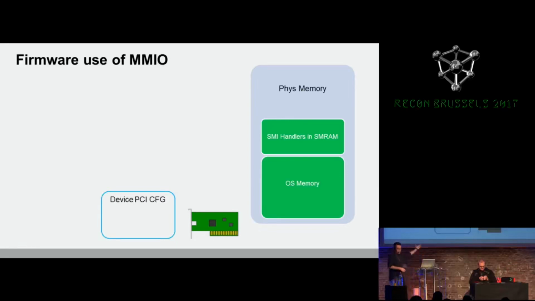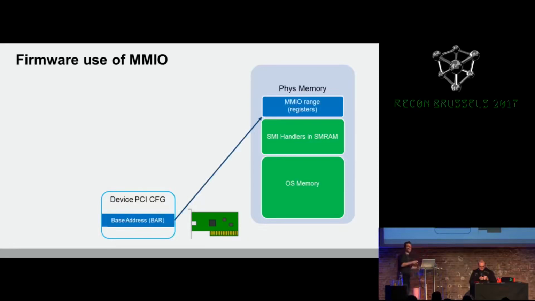So there is a PCI configuration space in each device, or actually each virtual device or function of a device, the PCI config header, and it has this base address register which defines the base of the memory range for that particular device.